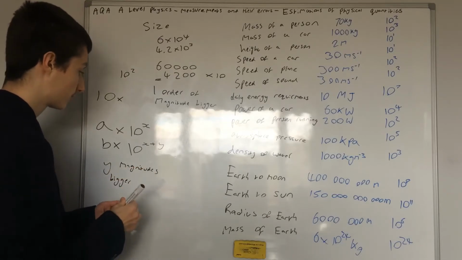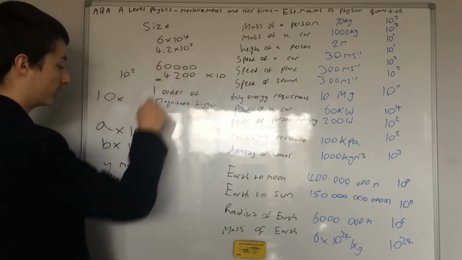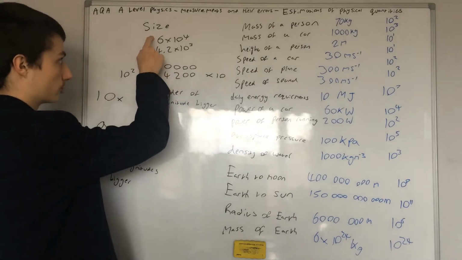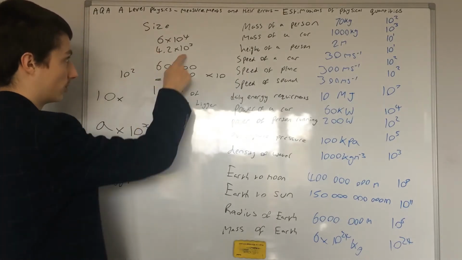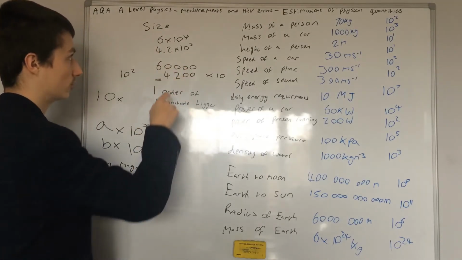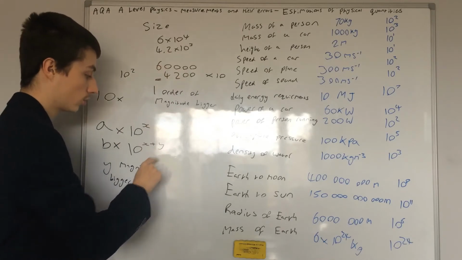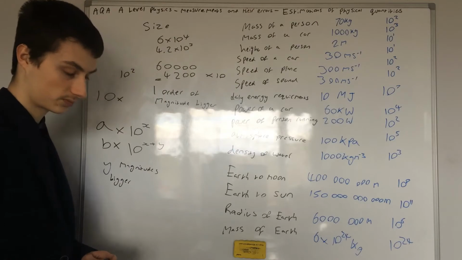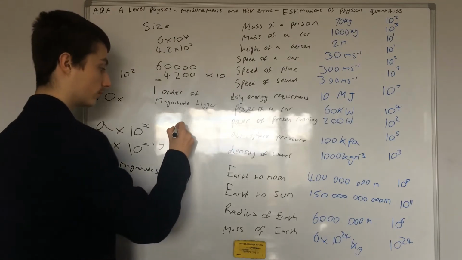Because we can apply this up here, if this is 10 to the x plus y, and x is 3, which means to get 4, y must be 1, and it's 1 order bigger, which fits this rule here.